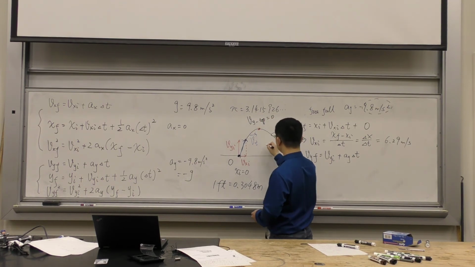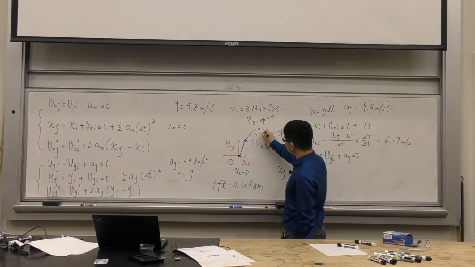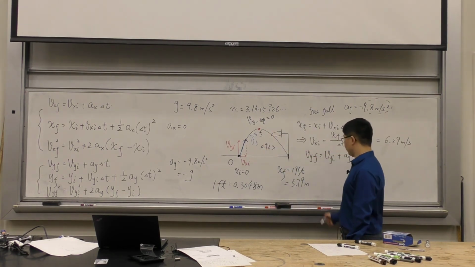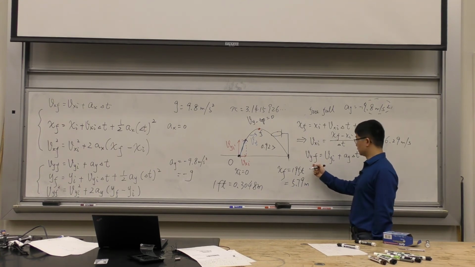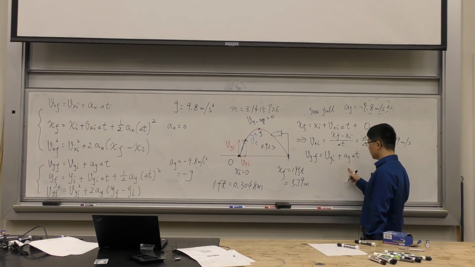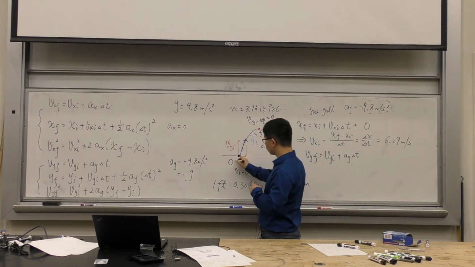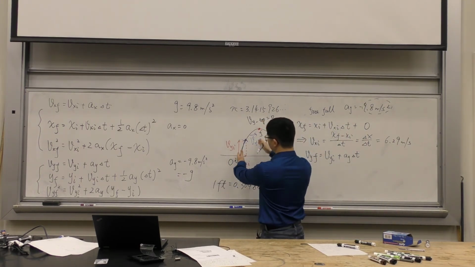Okay, so this whole trip is still 0.92 seconds, but if I pick this as my final, then I will know the final velocity. So I will have the final velocity and acceleration. And you would say, do I still use 0.92 seconds? No, you don't, right? If I pick this as my final and this as the initial, I should use this time.